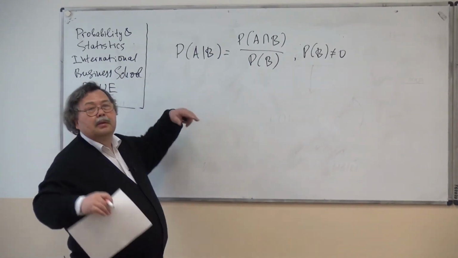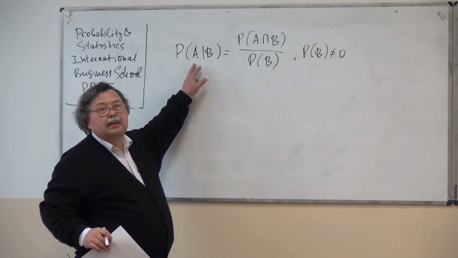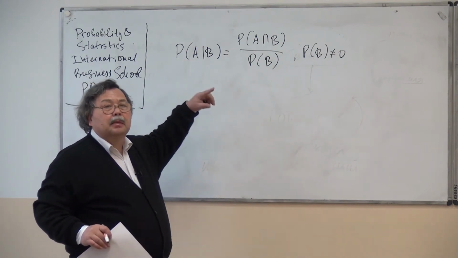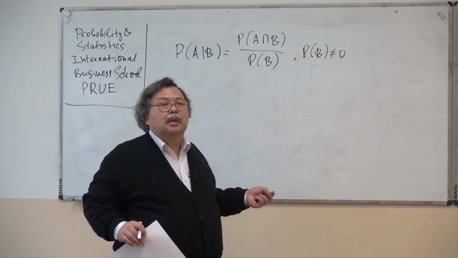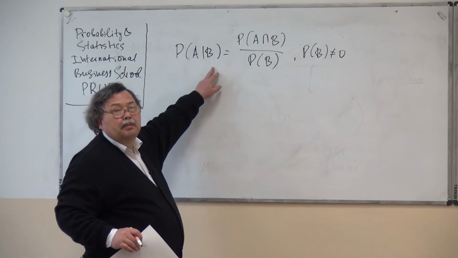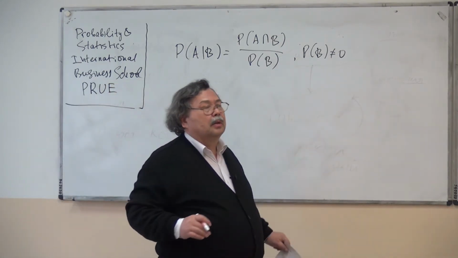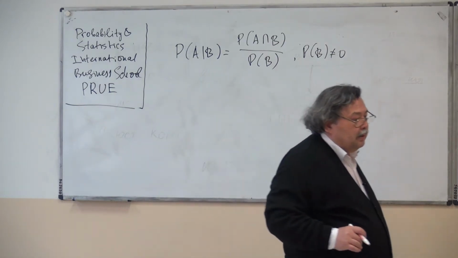Officially in full it's read this way: the probability of event A given that event B occurs. In short, it's read P of A given B. And this is the formula used to compute the conditional probability.